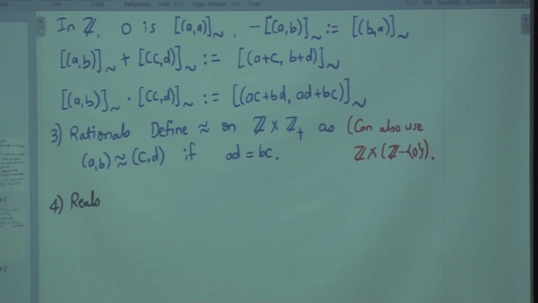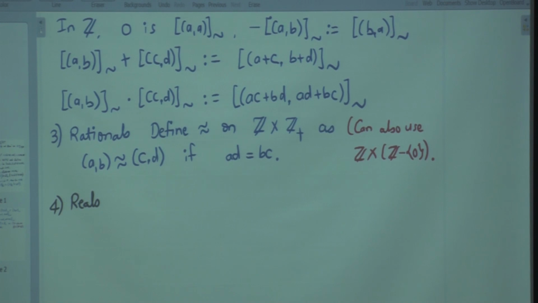For real numbers, what do we need? Every real number has some integer part and then some decimal expansion part, right? You write n dot a1, a2, a3 and dot dot dot. So what is this a1, a2, a3 dot dot dot?